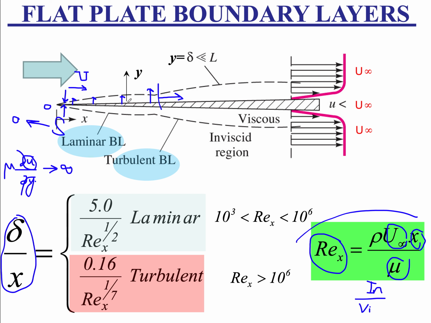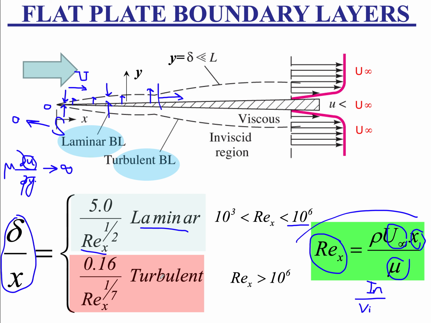I can predict the boundary layer thickness delta at any location within the boundary layer if I know what my Reynolds number is. If my Re based on x is less than 1,000,000, I expect my flow to be laminar, and I expect my boundary layer thickness to go with the Reynolds number to the 1/2, the square root.